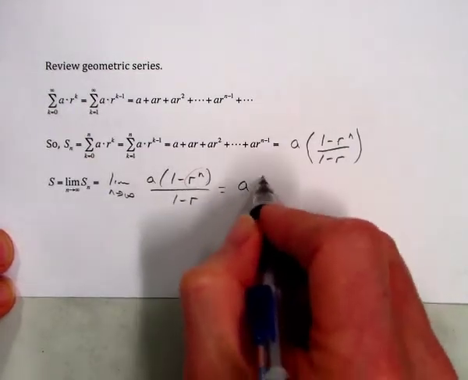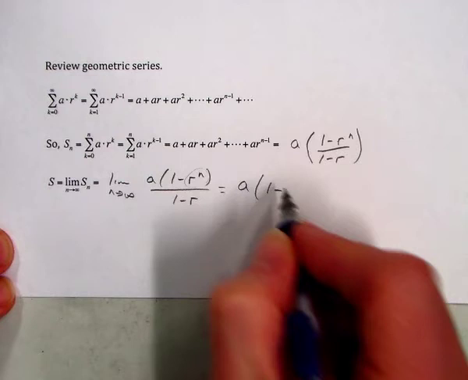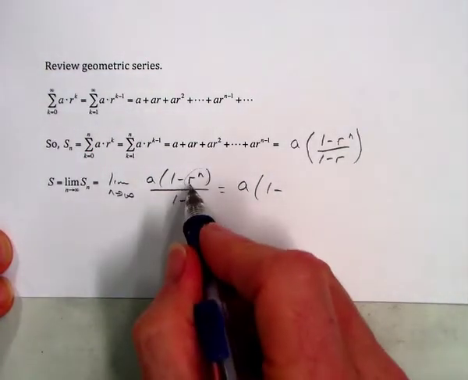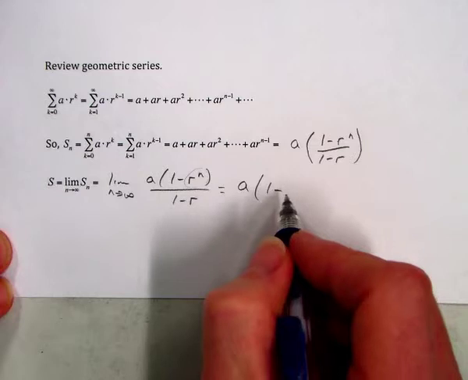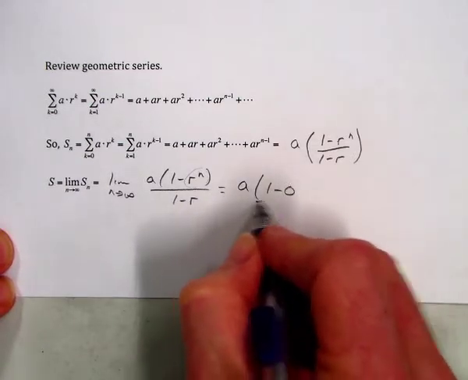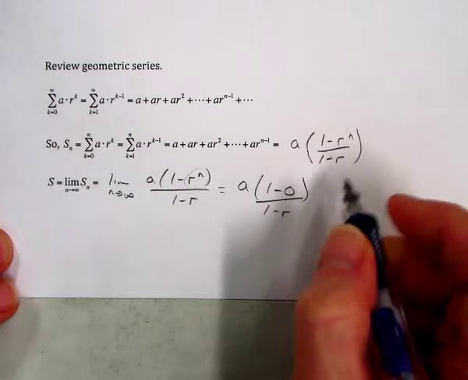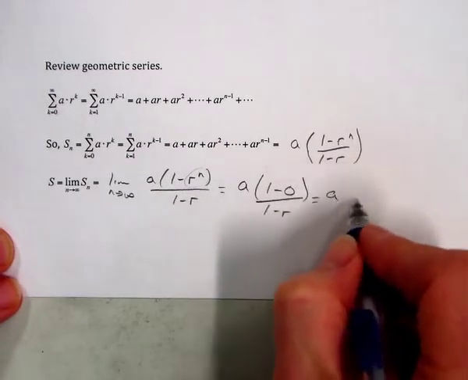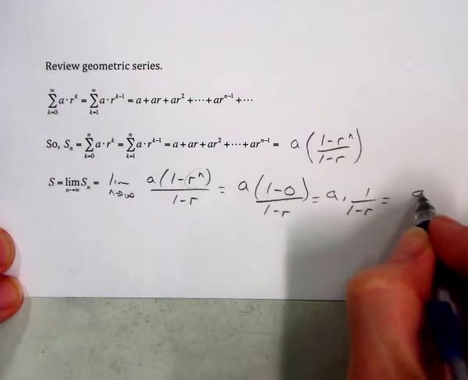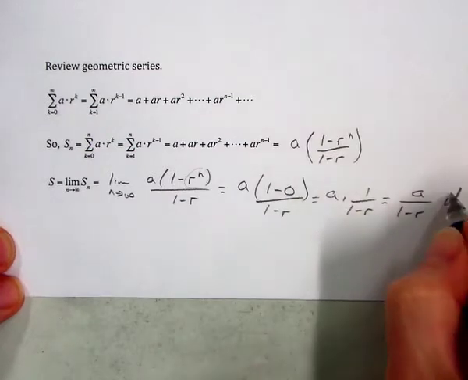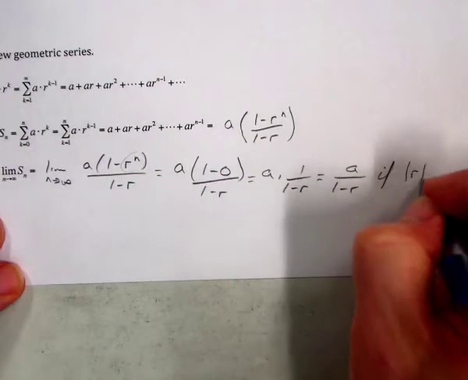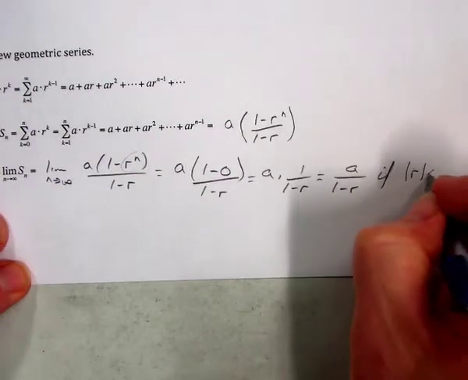So we have a times 1 minus, well, in this case it's going to depend what the value of r is. And I'll write it down in a second. If r is less than 1, then this thing is going to go to 0 over 1 minus r. So we get either a times 1 over 1 minus r or a over 1 minus r if the absolute value of r is strictly less than 1.